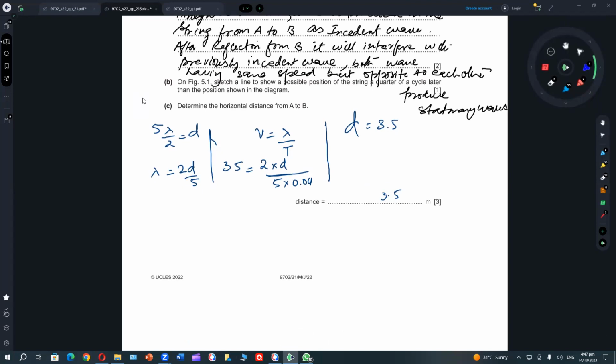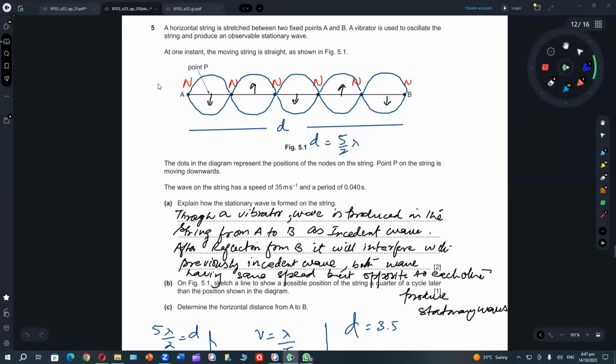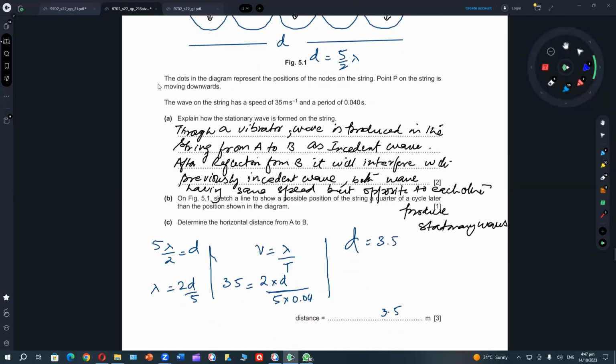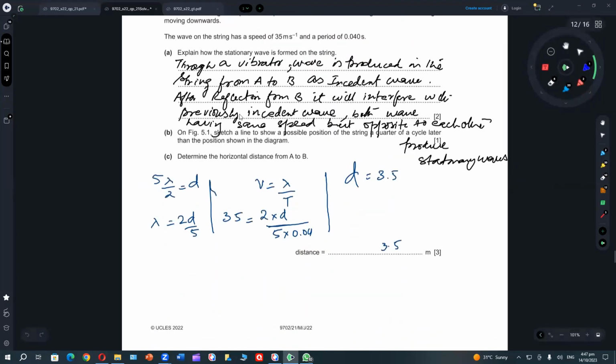Make d the subject and put the values to find the value of d. Look at this working, solve it and get the answer.